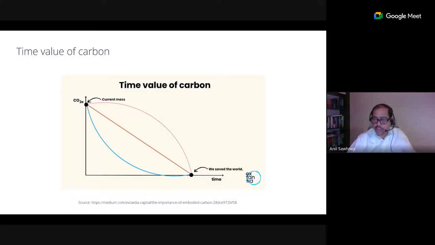So the question really is, are emissions here of 100 kilograms of carbon dioxide equivalent the same as 100 kilograms of carbon dioxide equivalent emissions later in time? If you were just doing absolute reduction without any other criteria to measure what you're doing, then obviously you should be slowly decarbonizing.